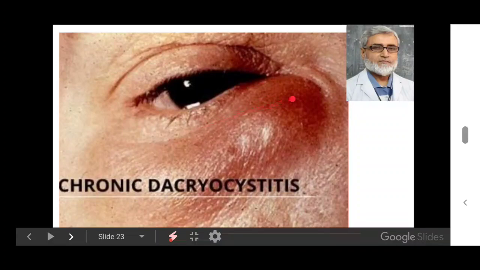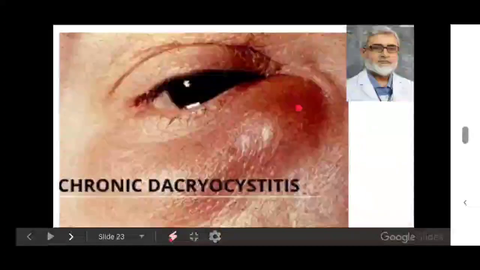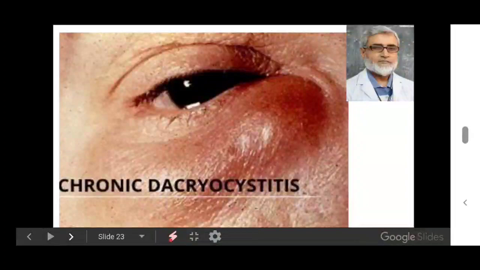Here the red swollen area is the infected, swollen lacrimal sac, and this condition is known as chronic dacryocystitis, which is due to the blockade of your nasolacrimal duct.